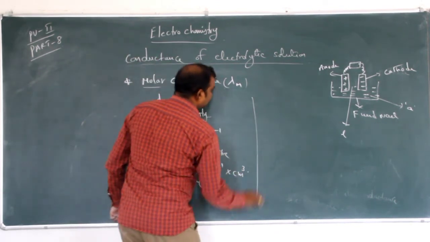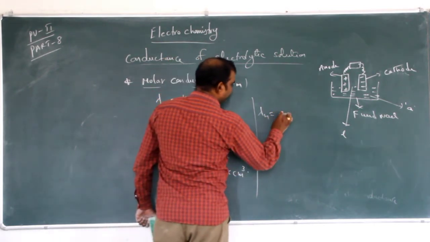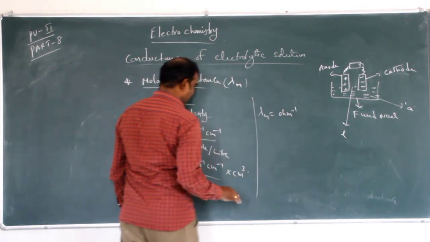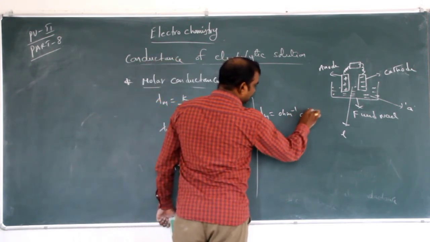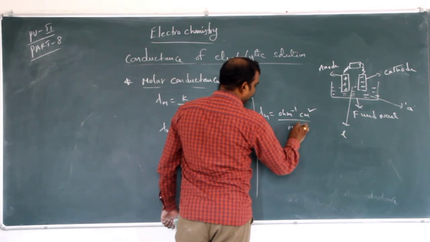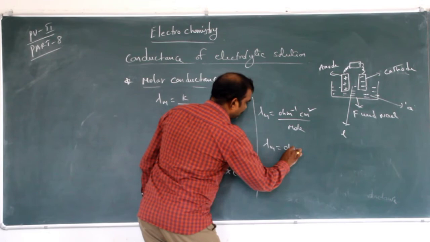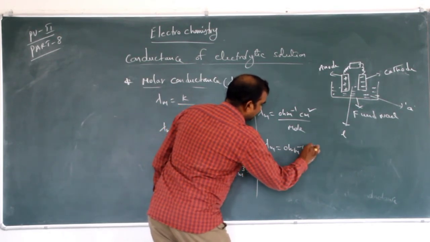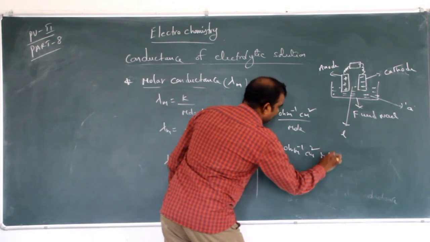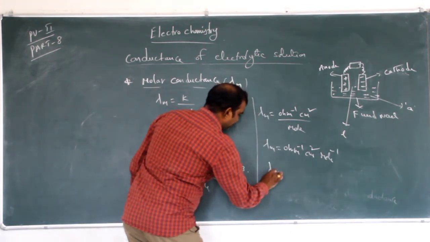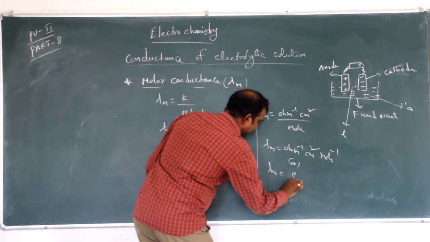So now lambda m is equal to ohm inverse centimeter cube, so centimeter square will come, centimeter square by mole. So lambda m is equal to ohm inverse centimeter square mole inverse. Ohm inverse can be written as Siemens.